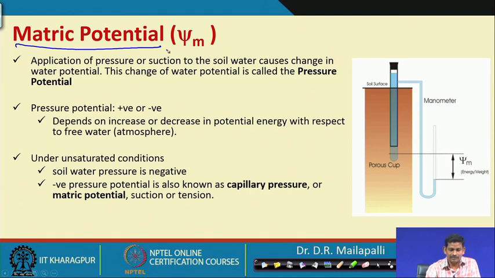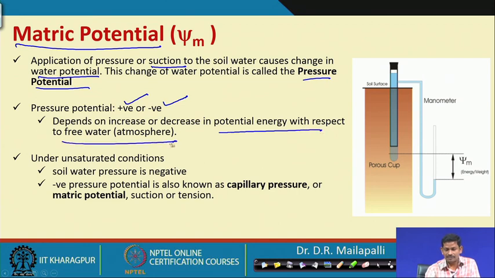The application of pressure or suction to the soil water causes a change in water potential, and this change is called pressure potential. The pressure potential could be positive or negative, depending on the increase or decrease in potential energy with respect to free water at atmosphere.